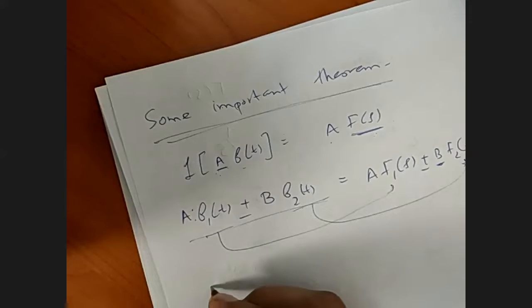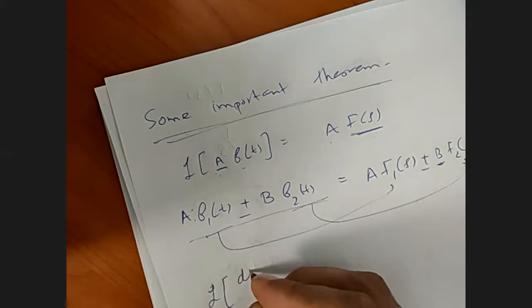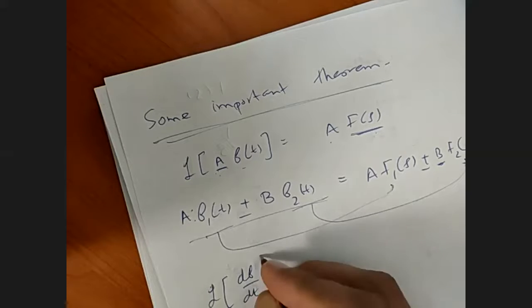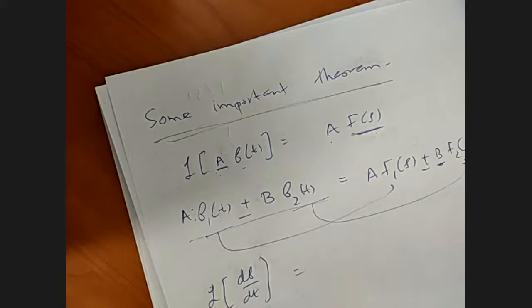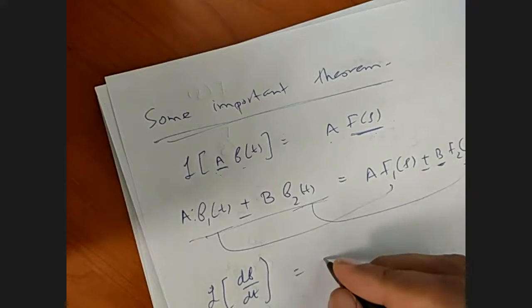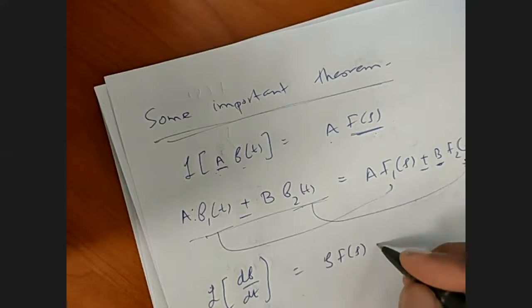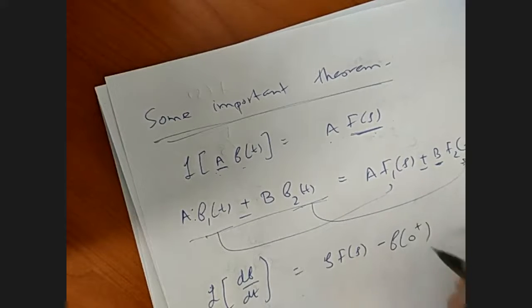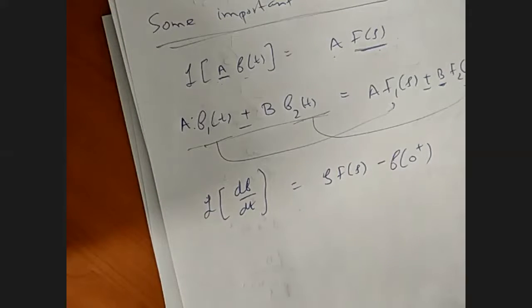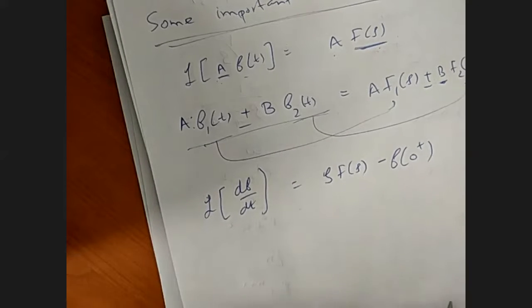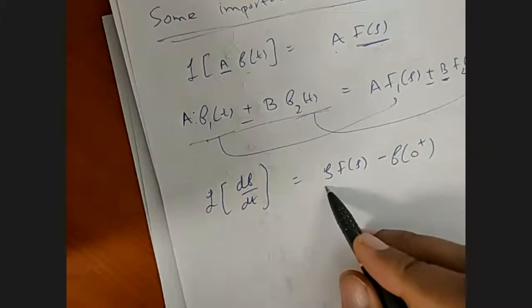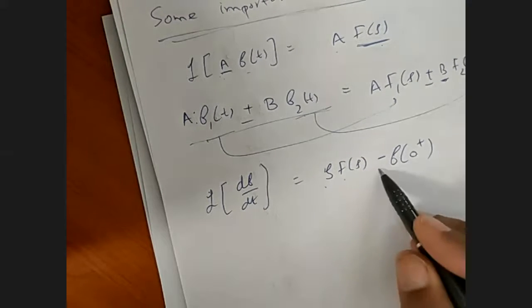Then we have the Laplace transform of df by dt. Means for differentiation, this is sF(s) minus f(0+). So the Laplace of df by dt will be s into F(s) minus f(0+).